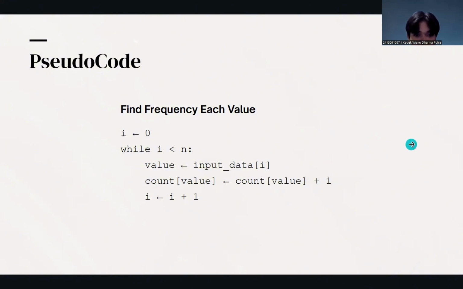If the condition is true, we create a new variable, value, that stores the input data at index I. After that, we create count at index value and add it with 1 in the count array with index value, and the I variable is added with 1.